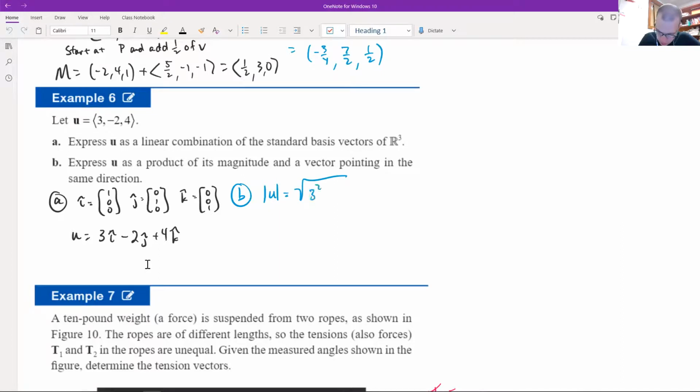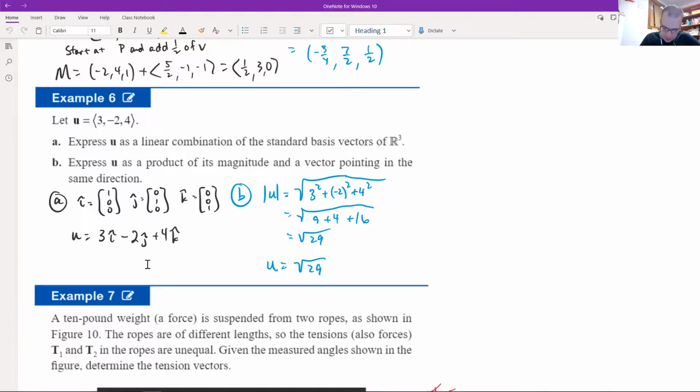Square root of 3 squared plus -2 squared plus 4 squared. Square root of 9 plus 4 plus 16, 29. Cool. And in order to do this, we would just need to have the square root of 29 out here.